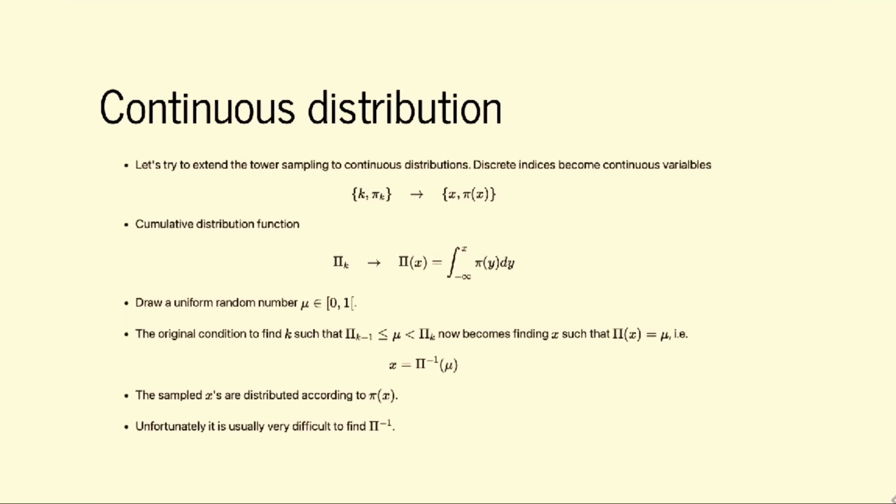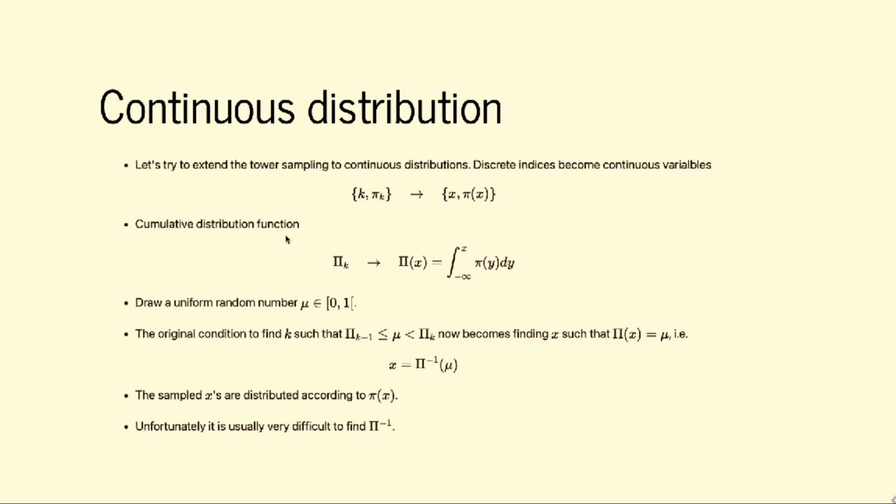So how can I do a continuous function now? Imagine I don't want to do a tower sampling of a discrete variable, but I really want to go to a continuous probability distribution pi of x. Well, I want to turn my original discrete probabilities into something continuous, and my k becomes a continuous variable x.